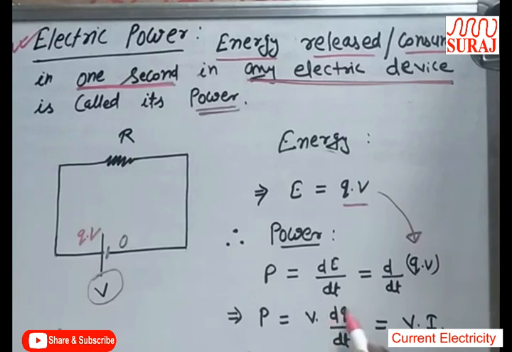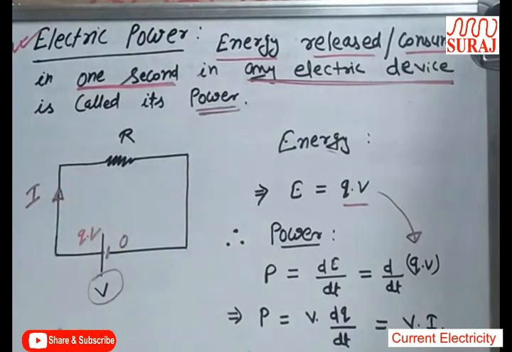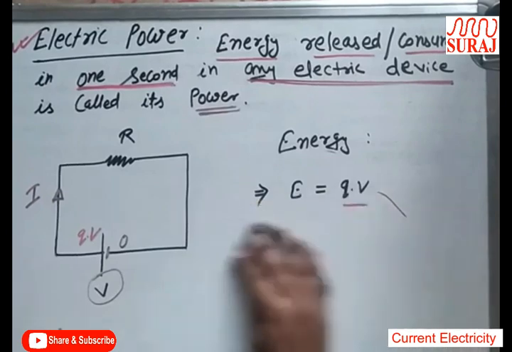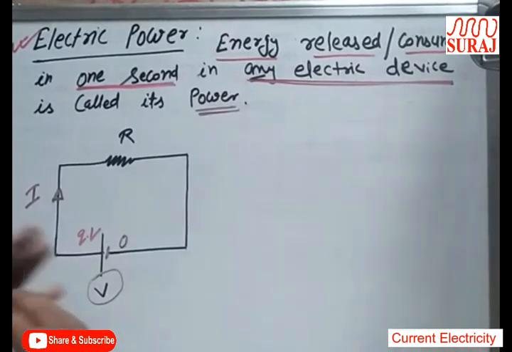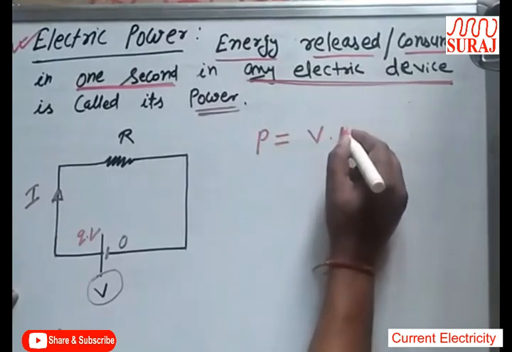Now we know dQ by dt is nothing but the current flowing in the circuit. So power can be written as V into I.